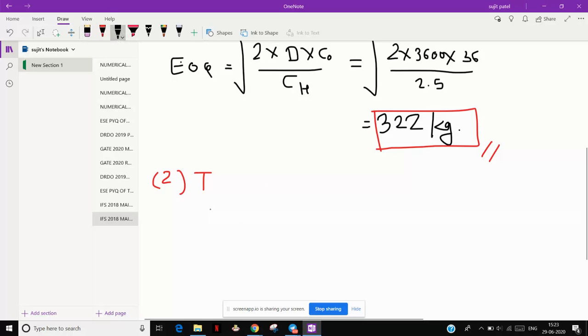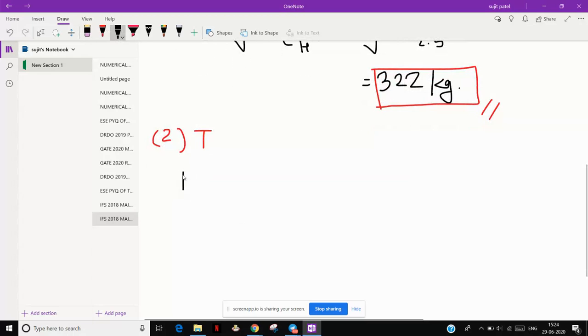So we can find the number of orders, which is the demand upon EOQ. This is just common sense. 3600 kg is our total demand, and in one order our economic order quantity is 322.